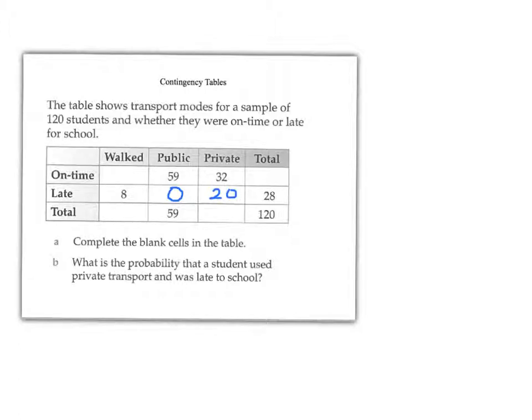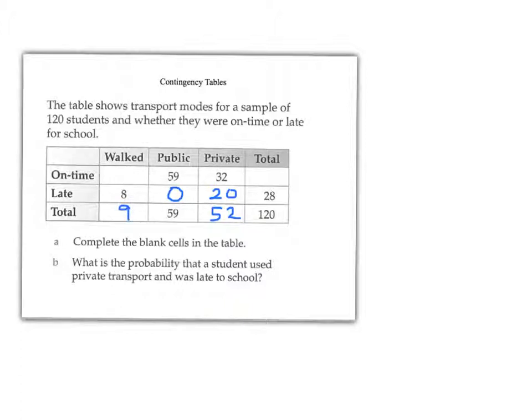So that means the total for the private, it's kind of like a puzzle, 52. And if I know that, I can work out the total that walked. So if I do 120, take away 52, and take away 59, I'm left with 9 here.